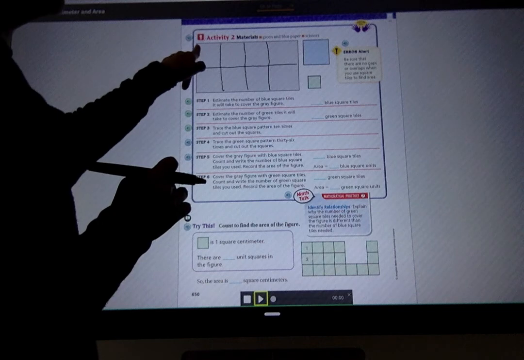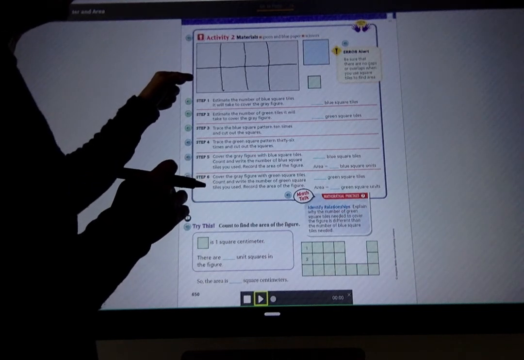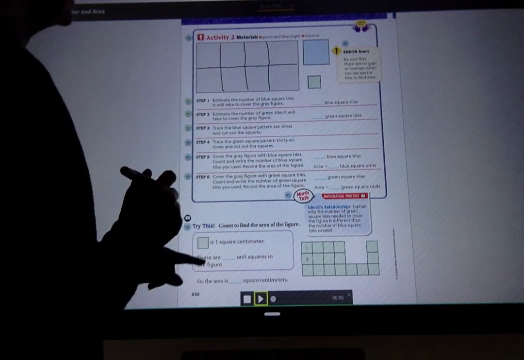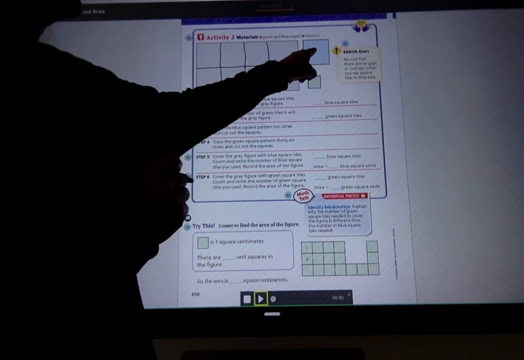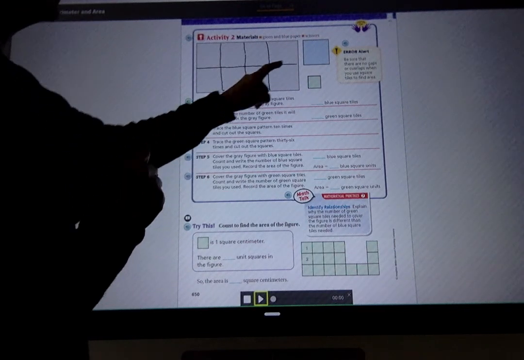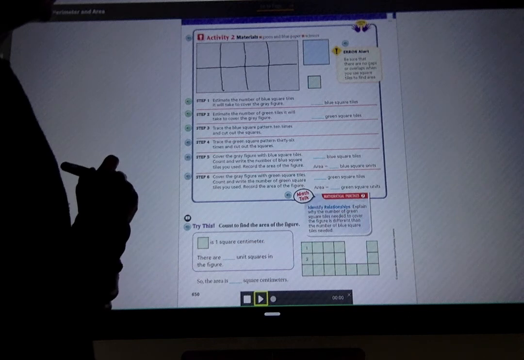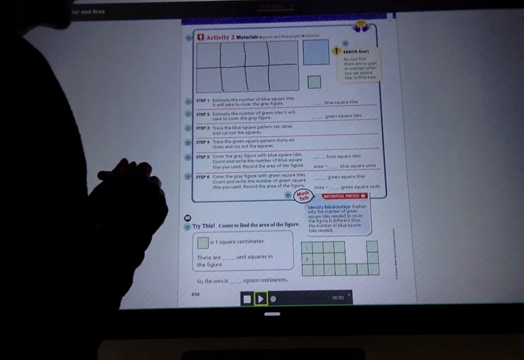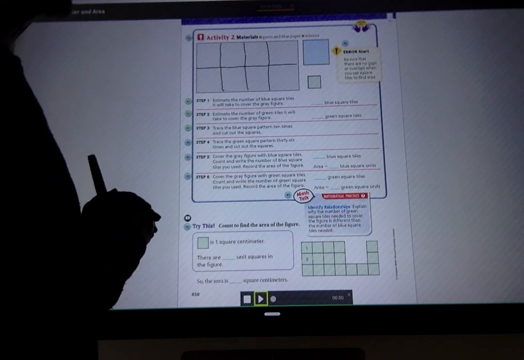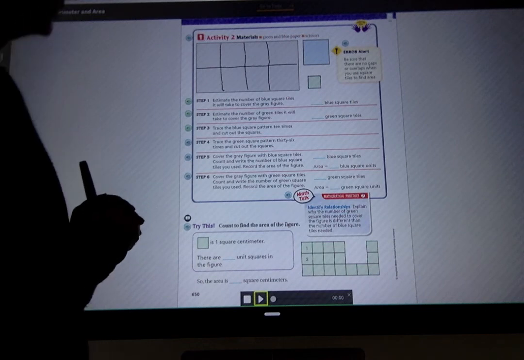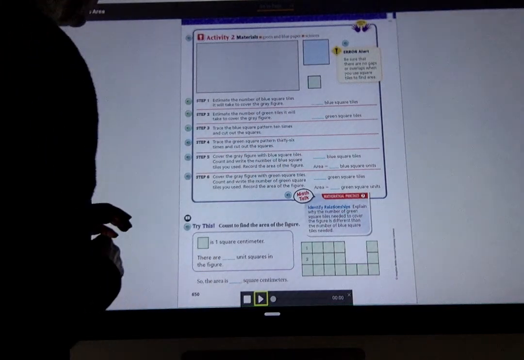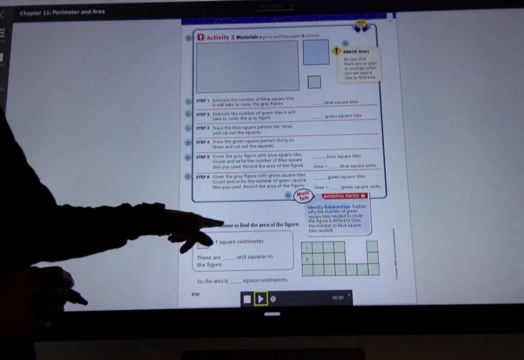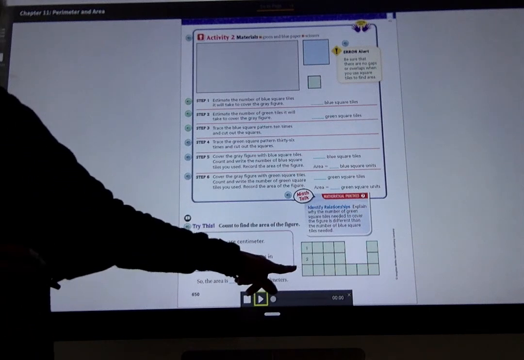There would be 4 across and 2 up and down. So 8 again. And again, I think there's going to be 4 green in each blue. So I think that when we finish, we are going to have 32. Let's take a look now. We're going to count to find the area of this figure.